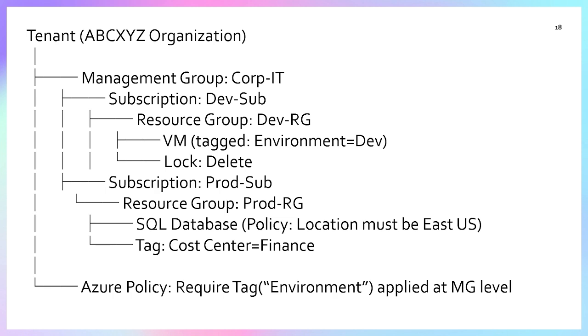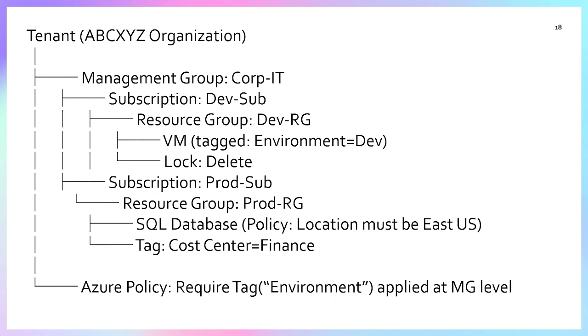For the SQL database in prod, it must have an environment tag, otherwise deployment will be denied, right? The lock on the VM means even an administrator cannot delete the VM unless the lock is removed, right? For SQL DB, it ensures that the DB resources are deployed only in the East US region, right?